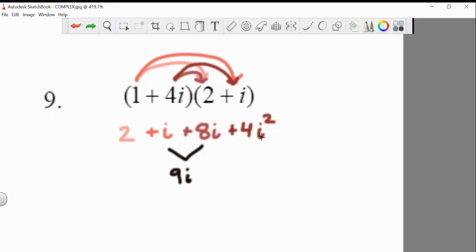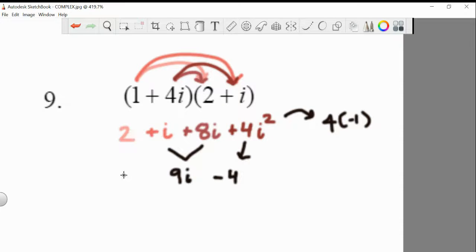And when you swap this out, remember, it's basically just going to take whatever number you have and turn it negative, because this is like 4 times -1, and that is like -4. So we're going to go ahead and swap this out for -4.